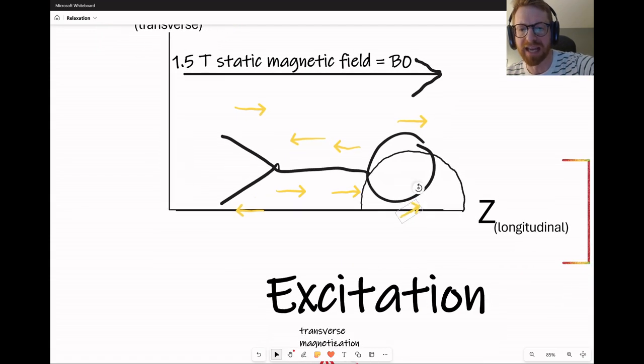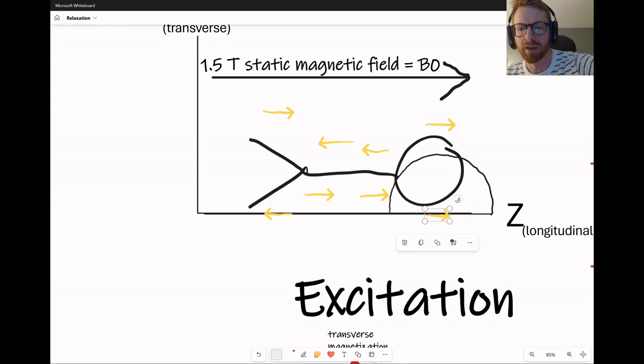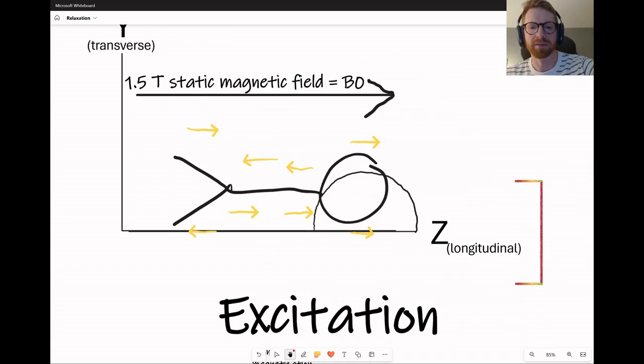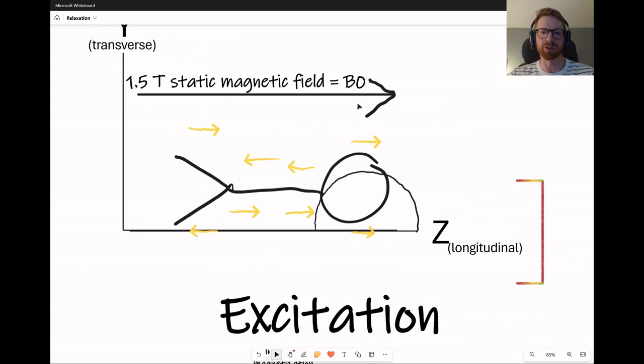So 6 out of 10,000 hydrogen nuclei are going to line up parallel to B0.